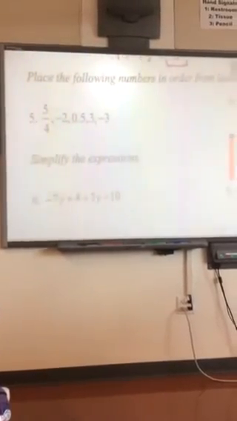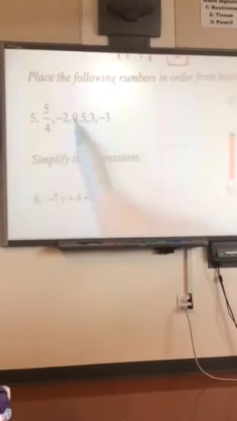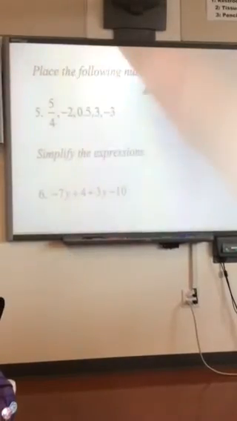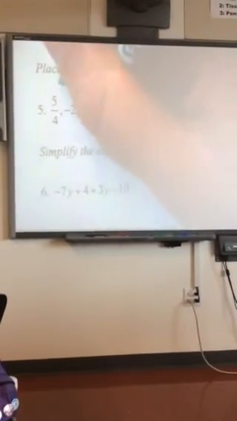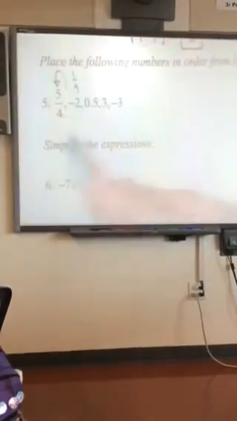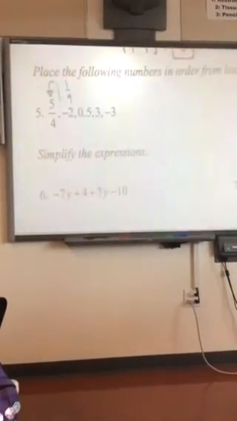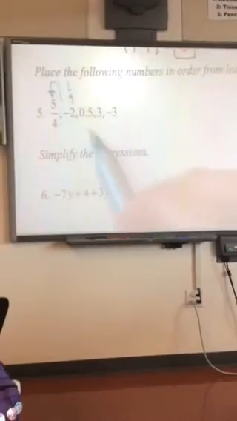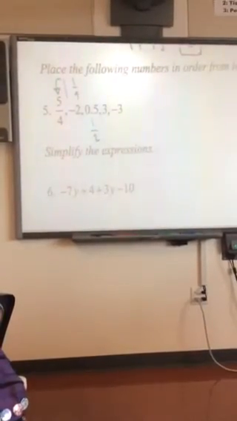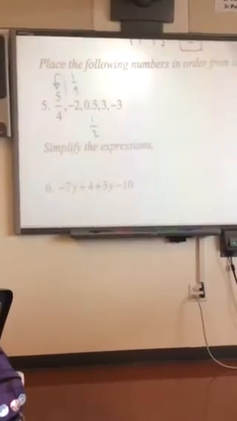So let's see. This 5 over 4, I'm going to call it 1 1/4, right? I just turned it from an improper fraction to a mixed number. And then the 0.5, that's 1/2. Now I've got all whole numbers and fractions to work with.